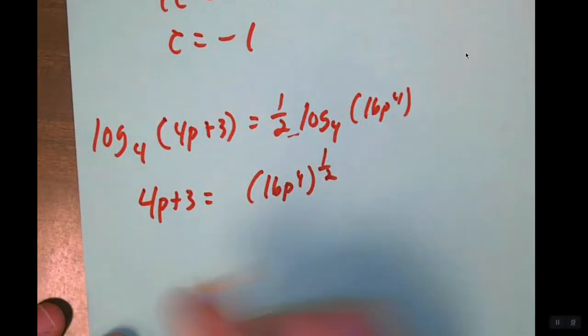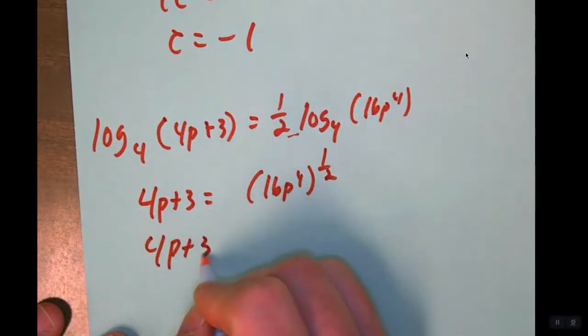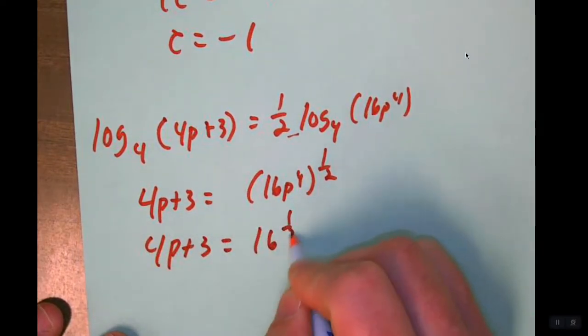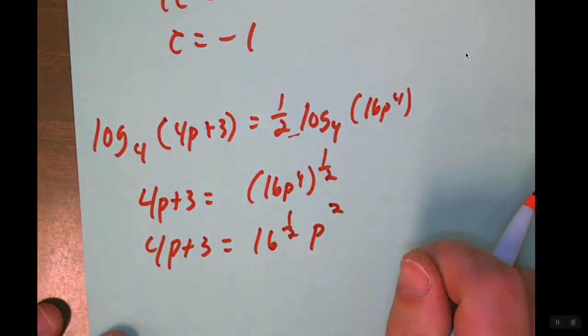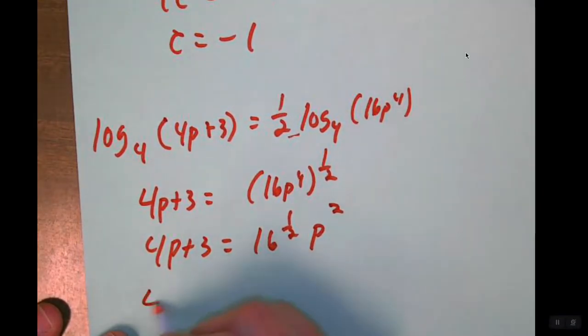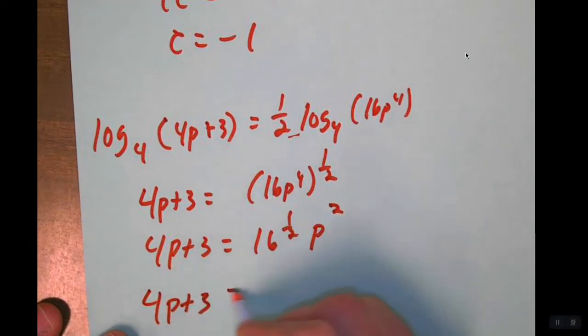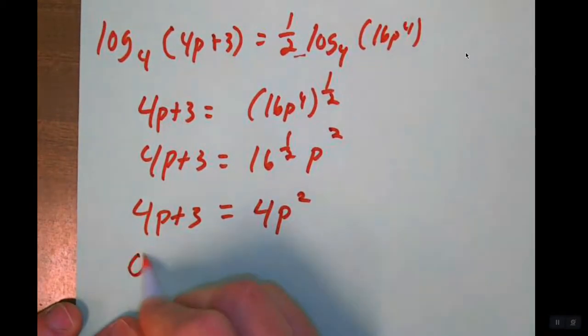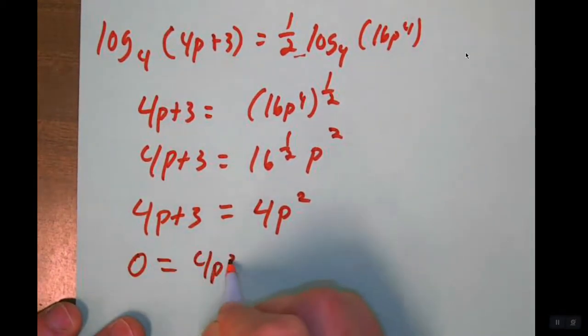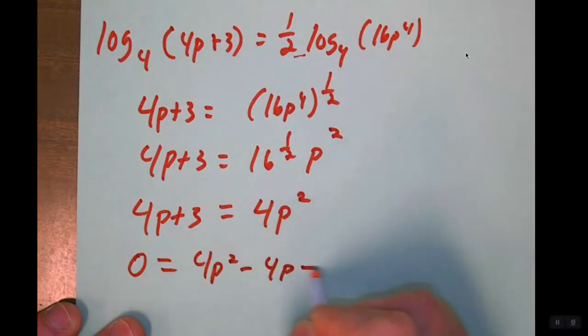So don't goof this up. This is where you're all going to go crazy here. This is 16 to the half and p to the 2. Why did I get p to the 2? Half of 4. What's the square root of 16? That's 4. So here's 4p squared. And now you have a quadratic. So I'm going to bring everything over. So 0 equals 4p squared minus 4p minus 3.